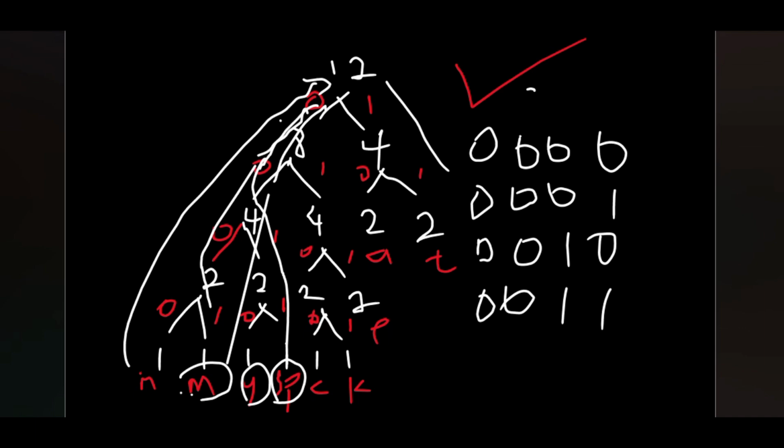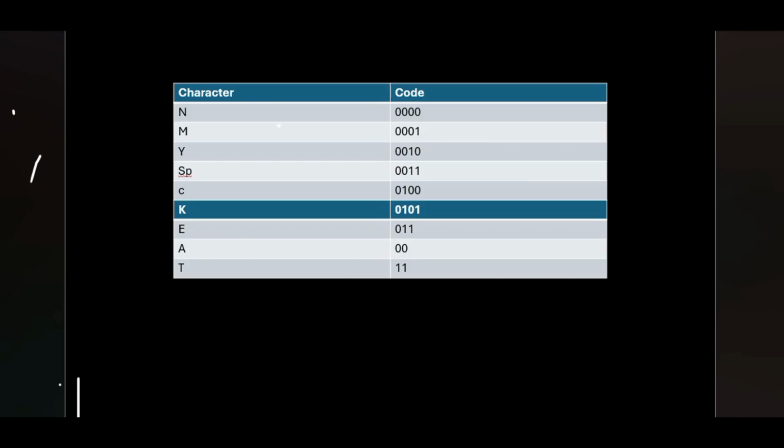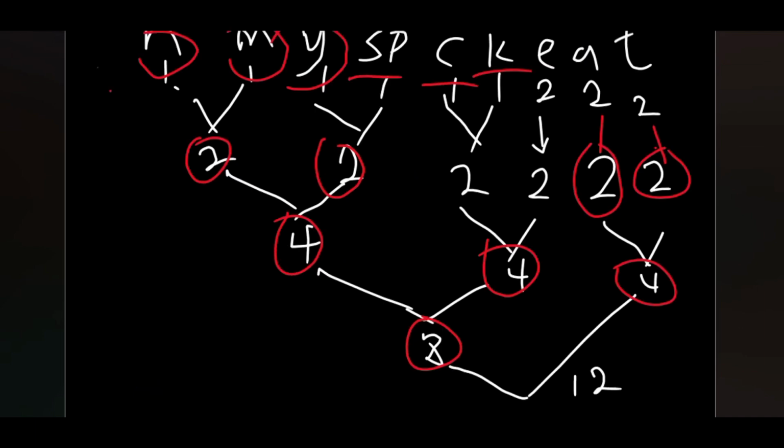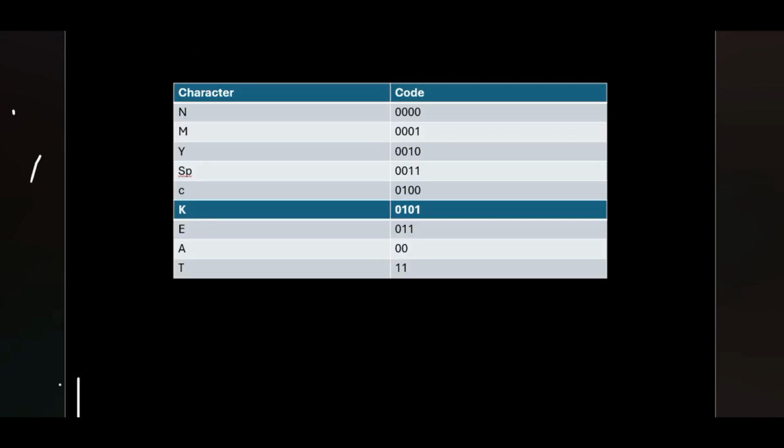And then don't forget our frequencies. The EAT appeared twice, so the frequency is 2. So it means that the number of bits that we have, we are going to multiply everything by 2. That is the EAT. So as you can see from there, that is the frequency. They all appear twice. So let's do that. We are going to look at the ones that have frequencies that appeared more than once.